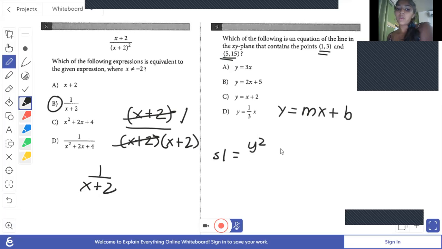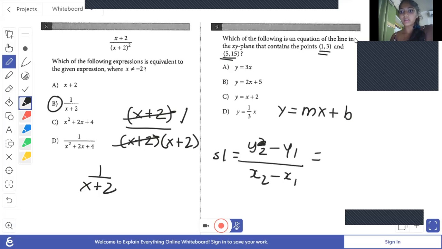equal to y2 minus y1 over x2 minus x1, which is, so this is y2, 15 minus y1, which is 3, over x2, 5 minus x1, which is 1. 5 minus 1, which is 12 over 4.